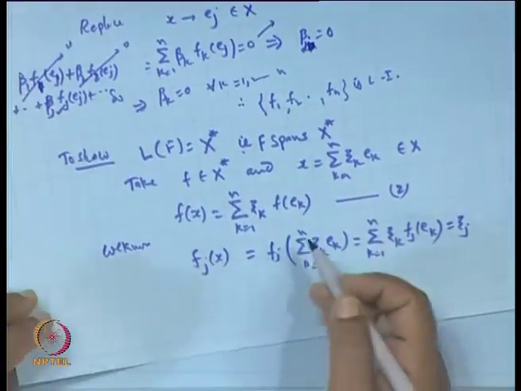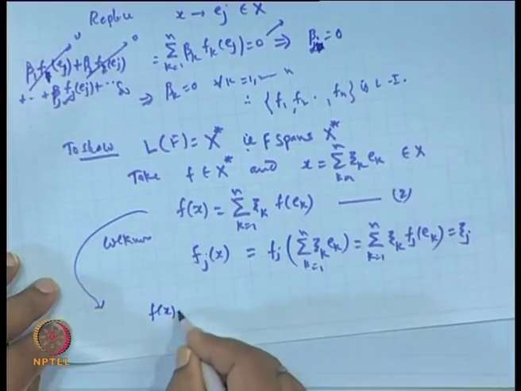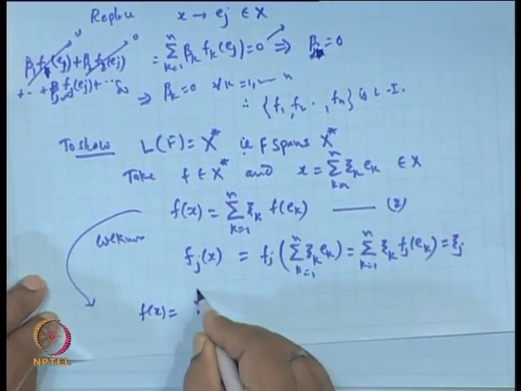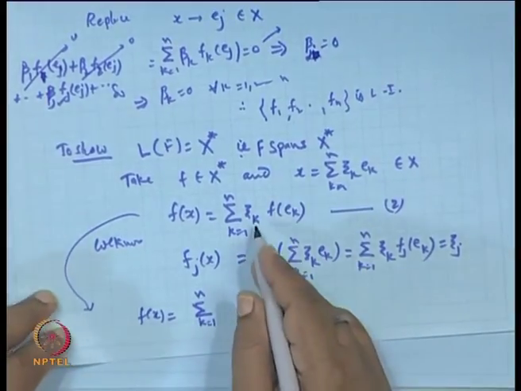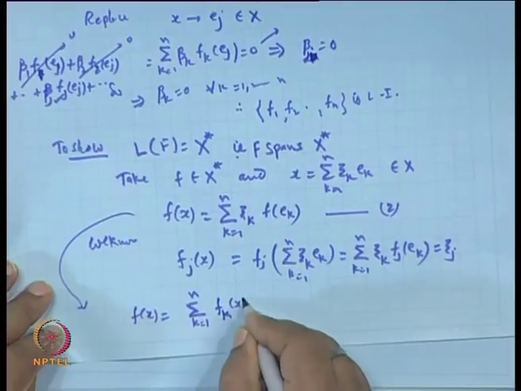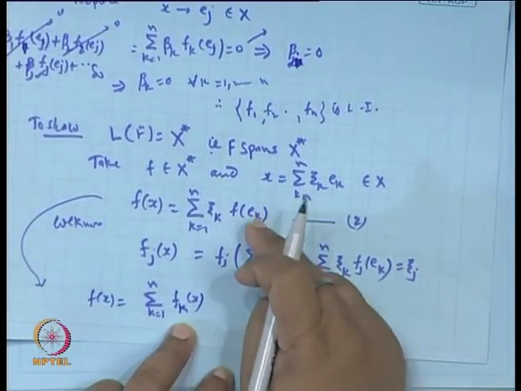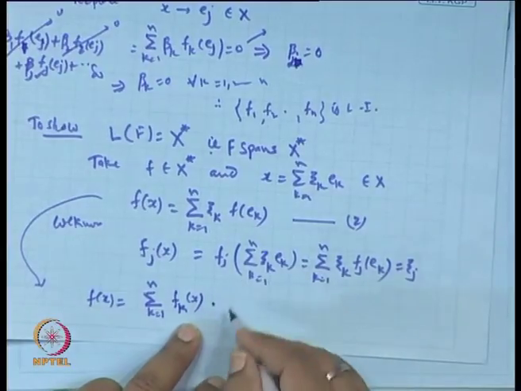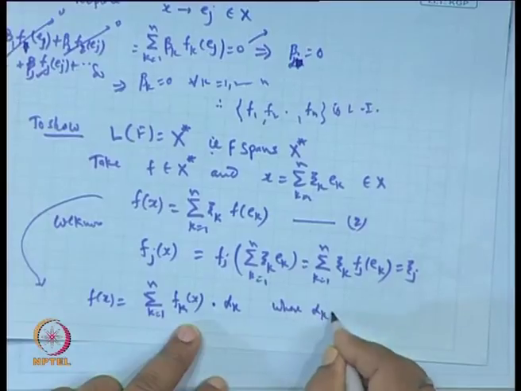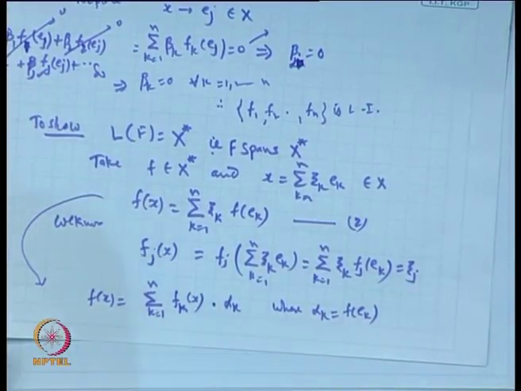So, xi j can be replaced by f j x. Okay. So, in equation 2, if I take f x, sigma k equal to 1 to n, xi k, can you not write this as f k x? Okay. And this f of e k is nothing but a constant alpha k, a scalar quantity.